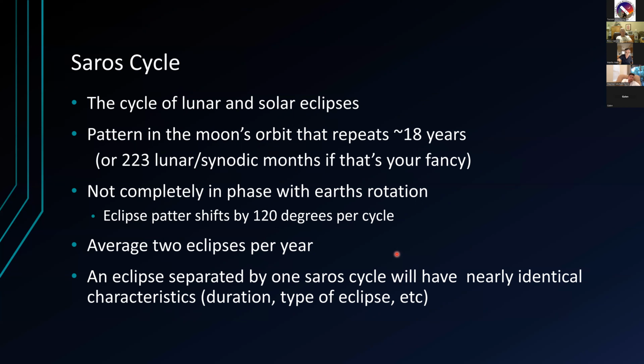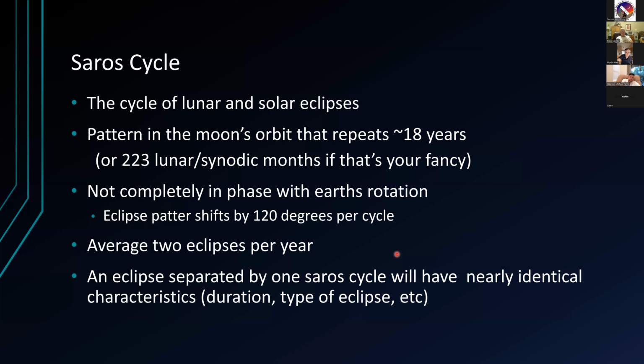Interesting though, the Saros cycle is not in sync with the Earth's rotation. It's out of alignment by about 120 degrees, which means that the pattern of eclipses shifts about 1/3 of the way around with respect to where they were previously.